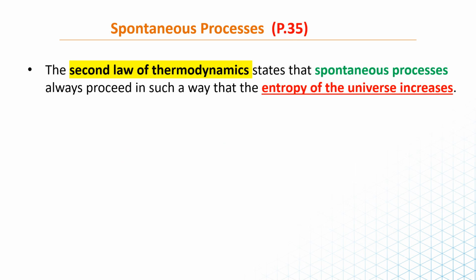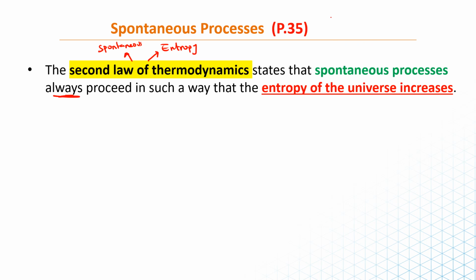Now, we have the second law of thermodynamics, and the second law of thermodynamics talks about spontaneous reactions and talks about entropy. So what's the second law of thermodynamics, guys? It states that spontaneous processes, العمليات التلقائية, always proceed in such a way that the entropy of the universe increases. So what does that mean?